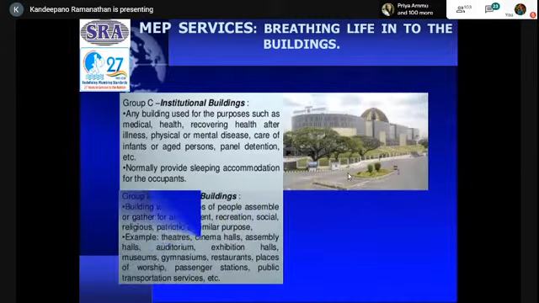And just for presenting things, I have attached some photographs. You can see our multi-speciality hospital there.